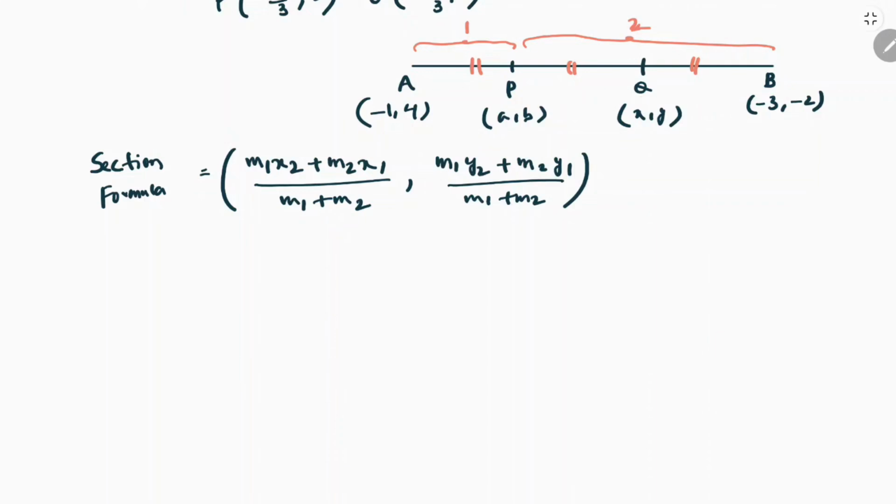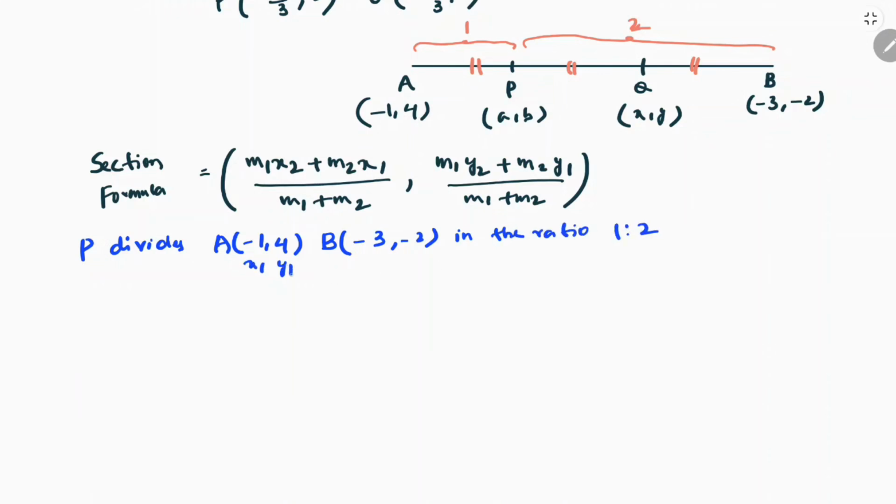So here P divides A and B in the ratio 1:2.